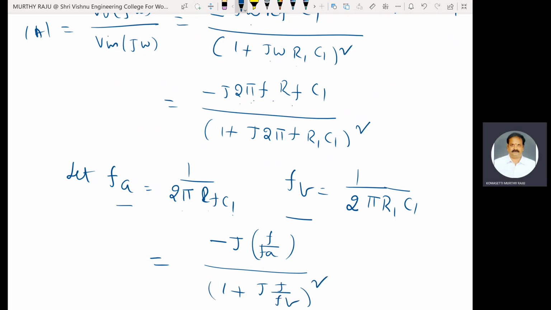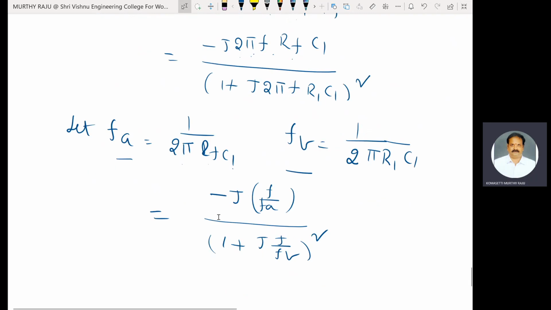This is A of the practical differentiator circuit.